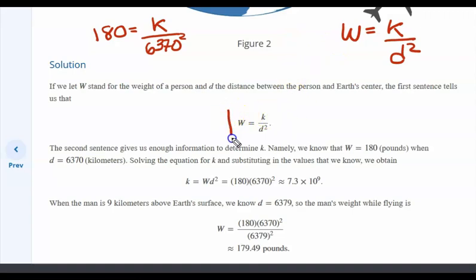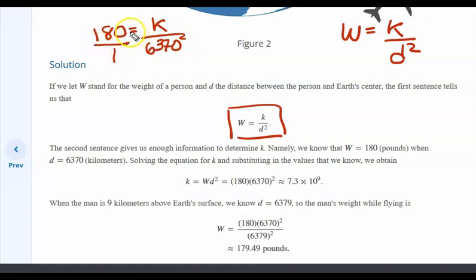So their substitution is equal to ours. And now the weight is going to be 180. We don't know our constant of variation, but there is the distance from the center of the Earth squared in kilometers. So how do we find what k is?